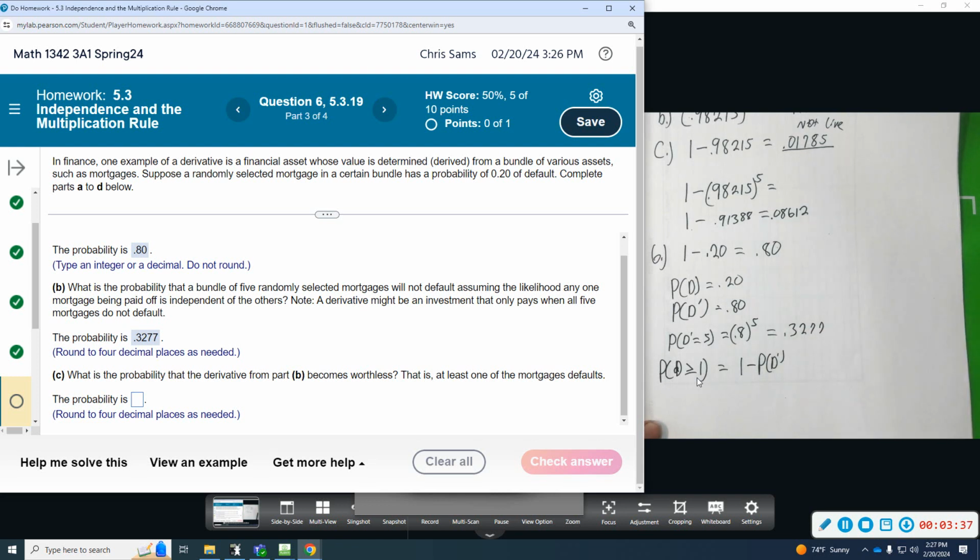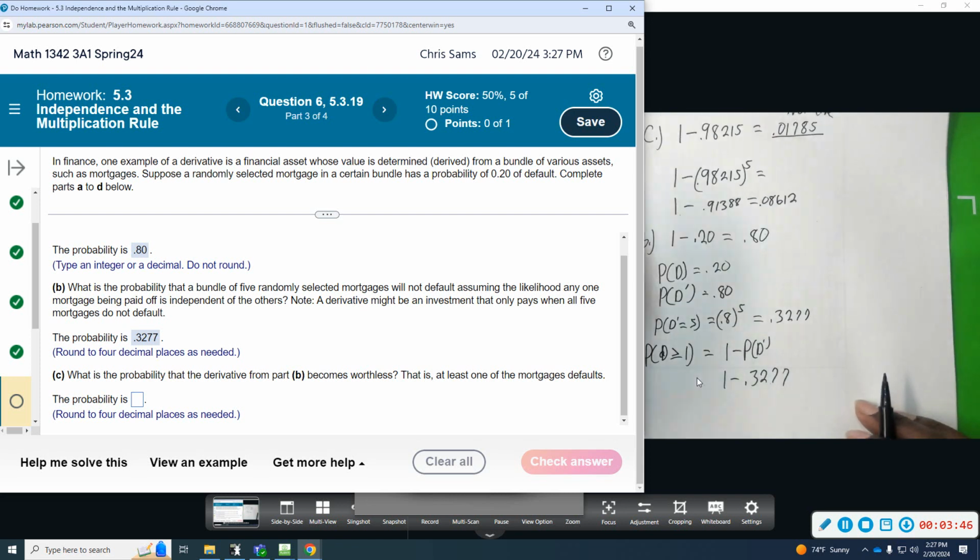We're dealing with 5 of them, so it's 1 minus 0.3277, which gives us 0.6723. This is the probability that at least one will default.